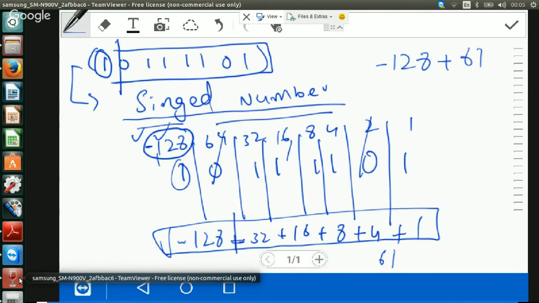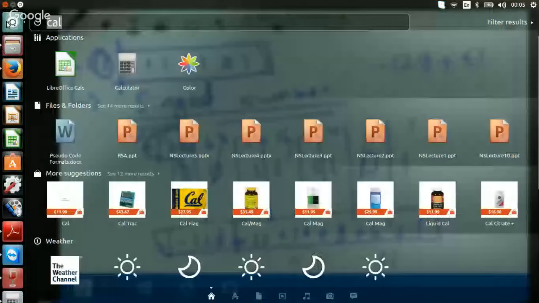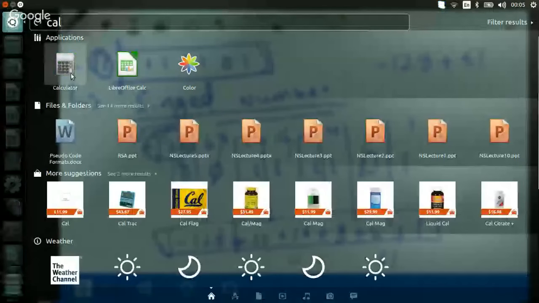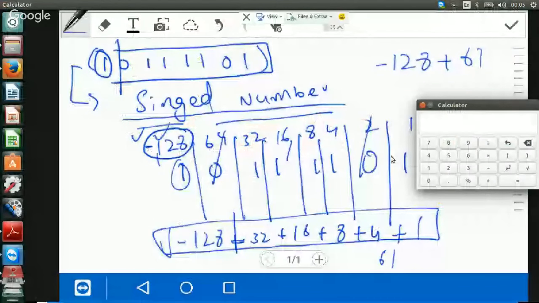What will be the answer? Calculator, please. My bad, my mathematics is really not good. Or you can say another way around, minus 128 plus 61 is minus 67, right?